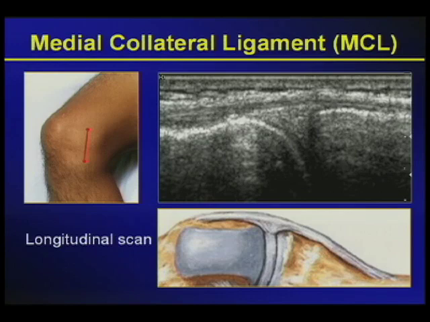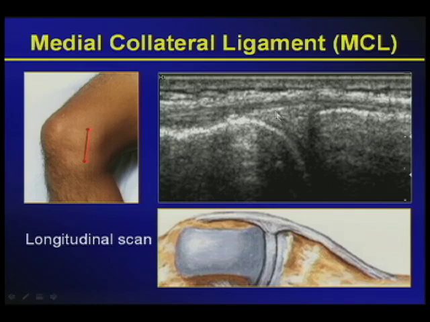Let's now look at the two sides, the medial collateral ligament and the lateral collateral ligament. Ligaments connect bone to bone, and so from the femoral condyle to the neck of the tibia, you connect those two points, you begin to see the trilaminar portion of the medial collateral ligament. Trilaminar because you have a hyperechoic superficial layer, and then you have a hyperechoic deep layer.